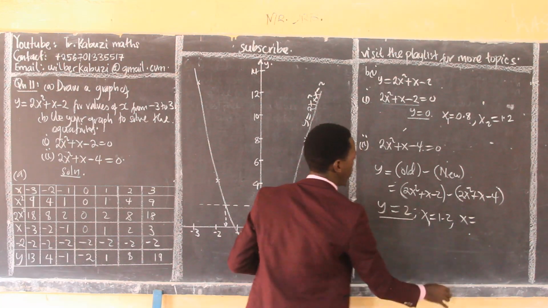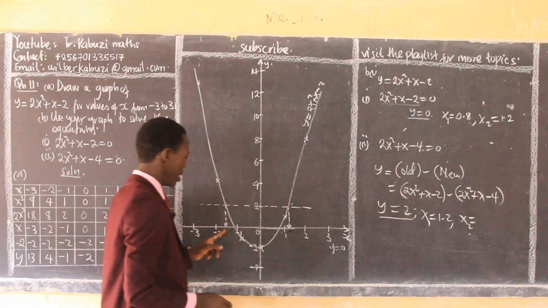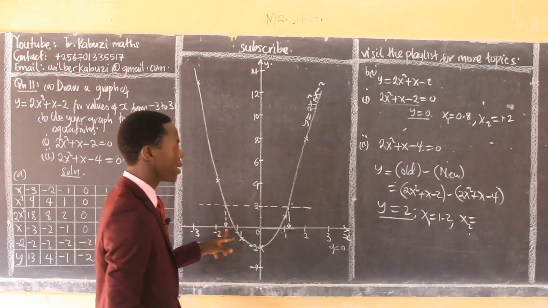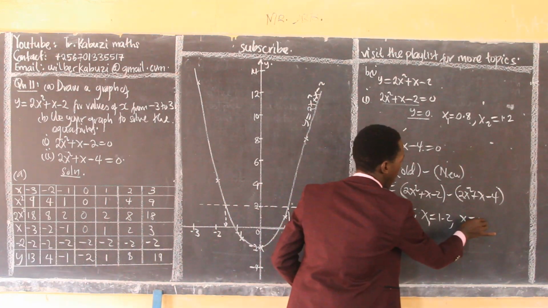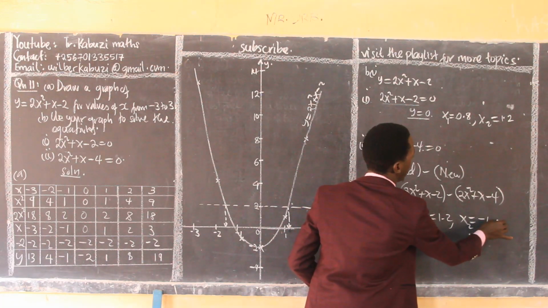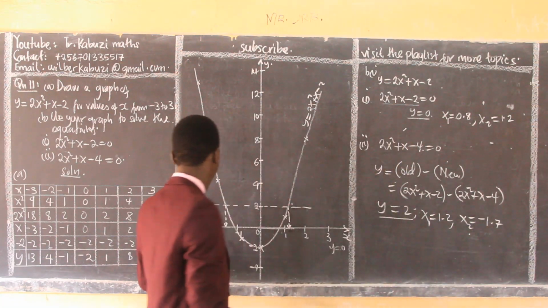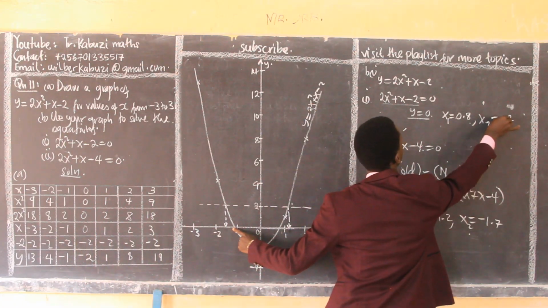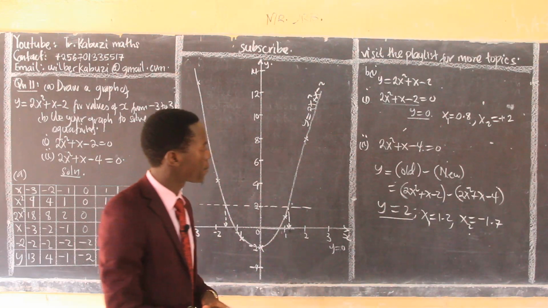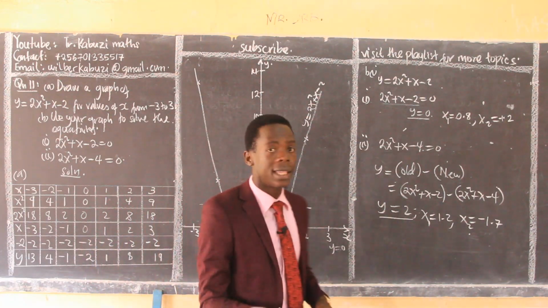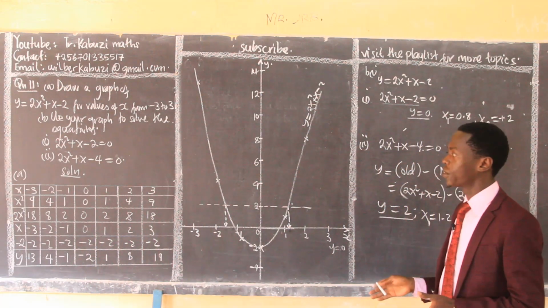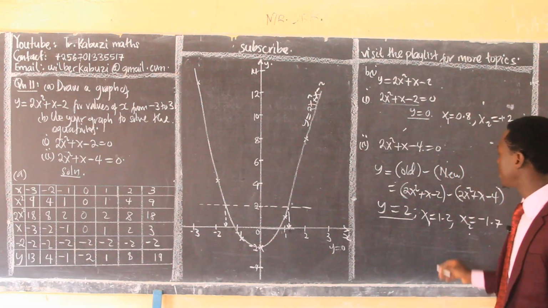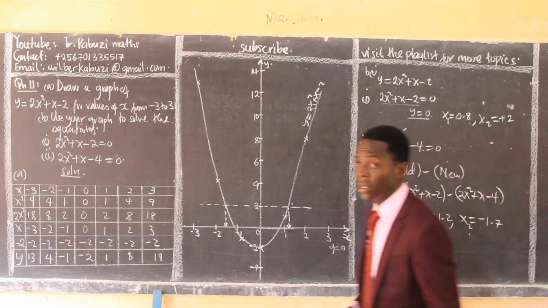Then the second x value is from here, which is something like 1.6 or 1.7. Negative 1.7, sorry. If I go back here, this was negative. That's how we had to handle that number, and that's also how we are supposed to get your 12 marks with ease. Let us go now to number 12.